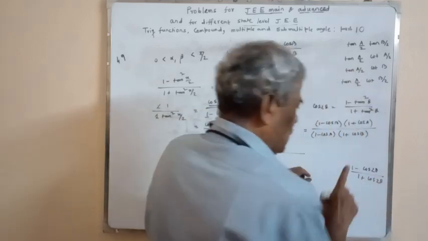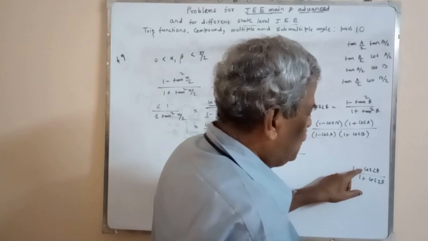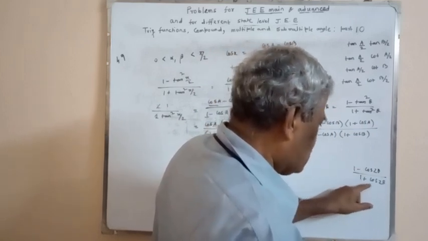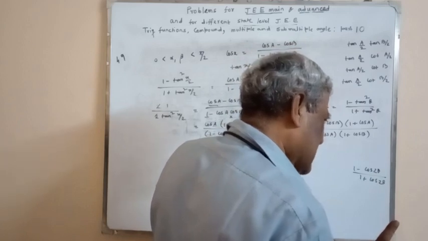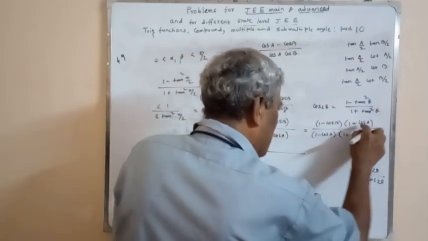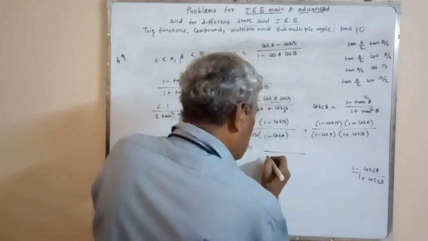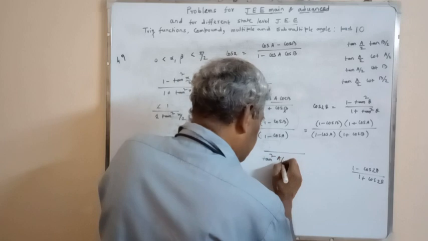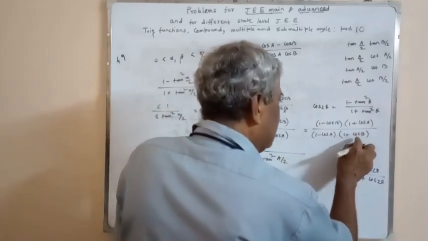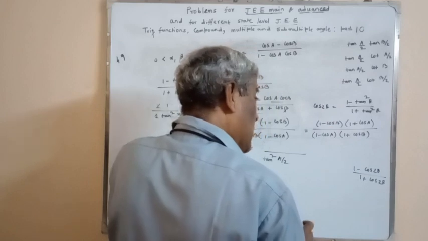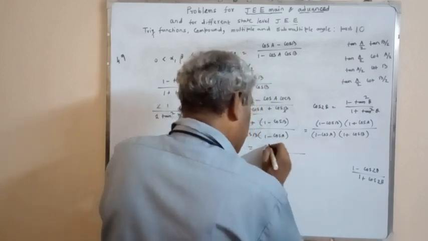So it is equal to 2 sine square theta by 2 cos square theta, so 2 cancels, tan square theta. So this by that is equal to tan square A by 2, and this by that is equal to tan square B by 2.